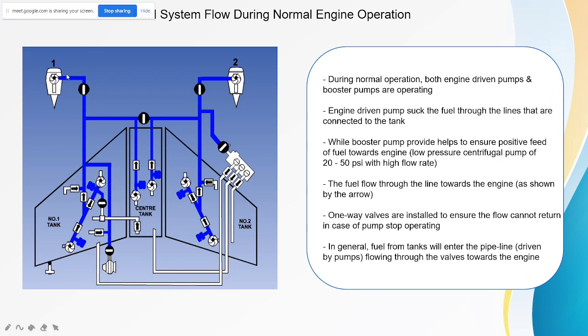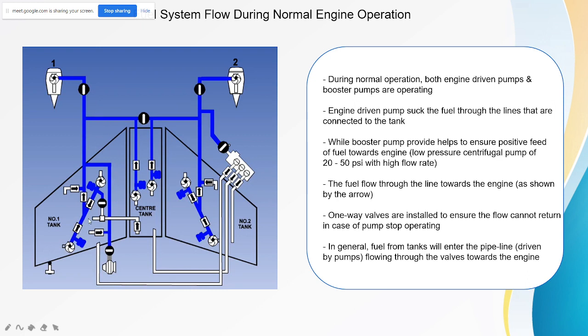It's like the engine-driven pump is pulling while the booster pump is pushing the oil. Usually, the booster pumps are low pressure pumps, while the engine-driven pumps are high pressure pumps.